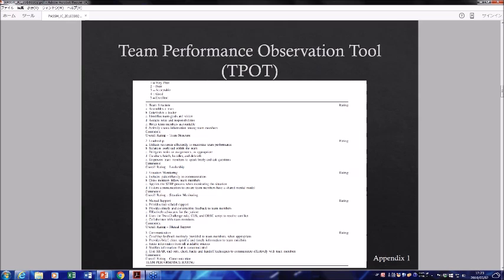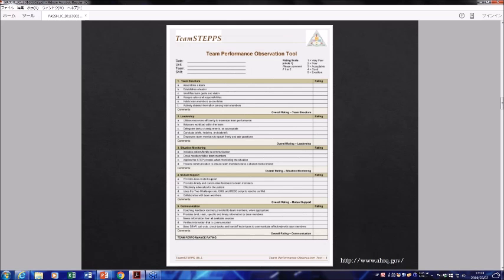Let's have a look at the team structure. Number 1, assemble a team. Number 2, establish a leader. So you can imagine this is kind of difficult to check in a short time. This is the actual format that TeamSTEPPS is using.